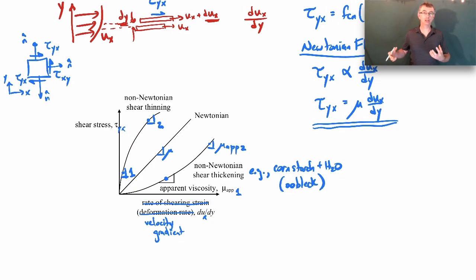If your blood was a little bit shear thinning, it'd be easier on your heart to pump it through your body because the viscosity would be a bit lower. Those cavemen that had shear thickening blood, or maybe just purely Newtonian blood, wouldn't be as successful, and they'd be dinner for a saber-toothed tiger. So blood turns out to be a little bit shear thinning. Not a lot, but just a little bit.